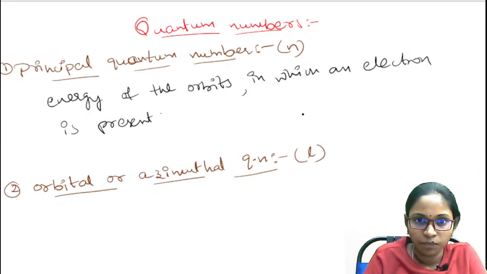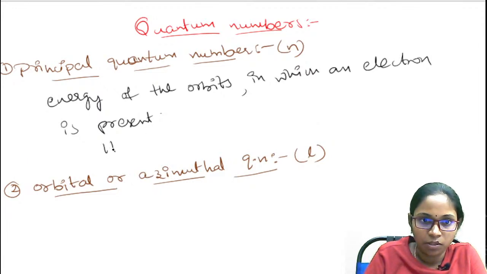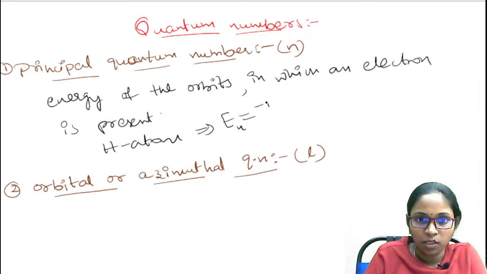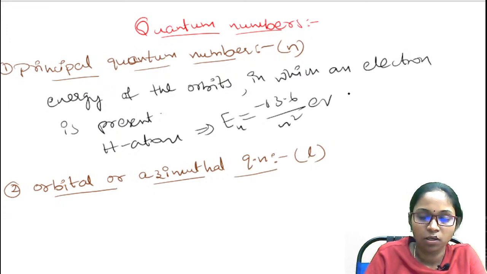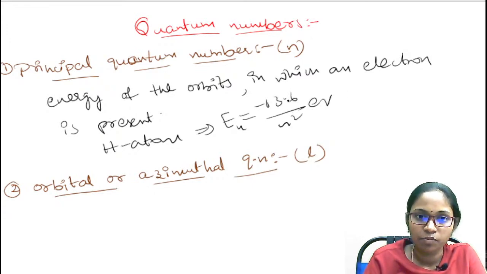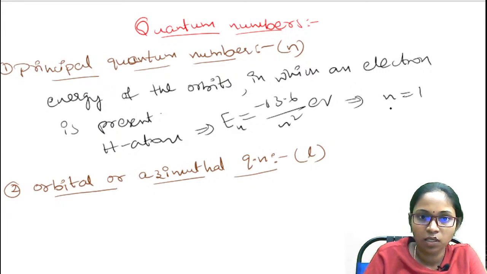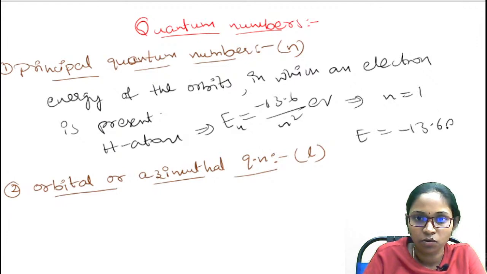For example, consider a hydrogen atom. The energy equation for the nth orbit is minus 13.6 by n square electron volts. For the first orbit, the n value is equal to 1, therefore energy is equal to minus 13.6 electron volts.